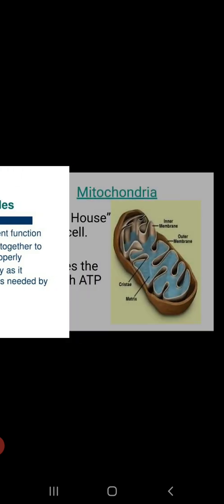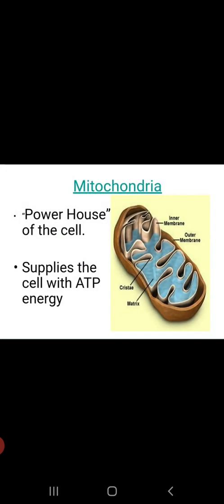So now we will move on with the different functions of the cell organelles, starting with the mitochondria. Mitochondria in the singular form is also called mitochondrion. Mitochondria, children, is called the powerhouse of the cell.